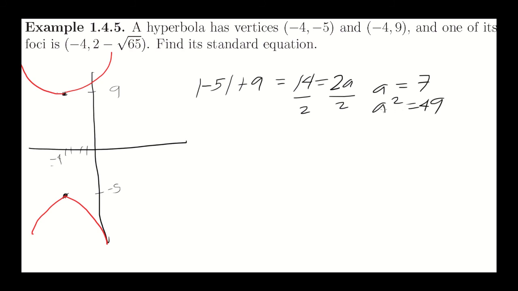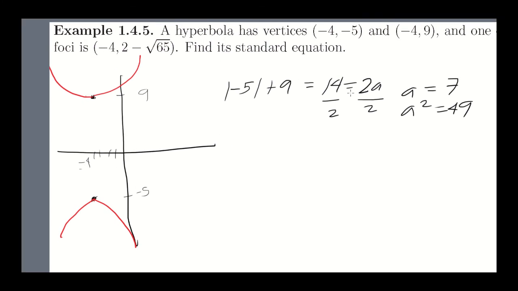Now we have a, and we can get the center through this. So from the vertex we just need to count 7. 8, 9, 10, 11, or going down 8, 7, 6, 5, 4, 3, 2. So 1, 2, 3, 4, 5, 6, 7.